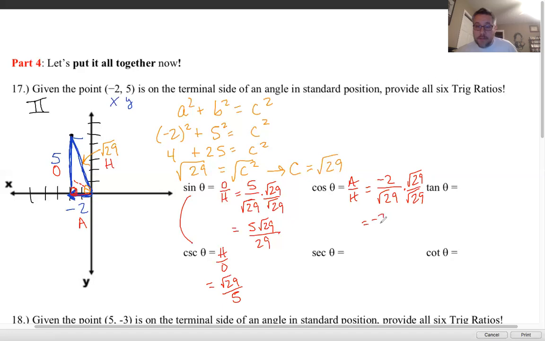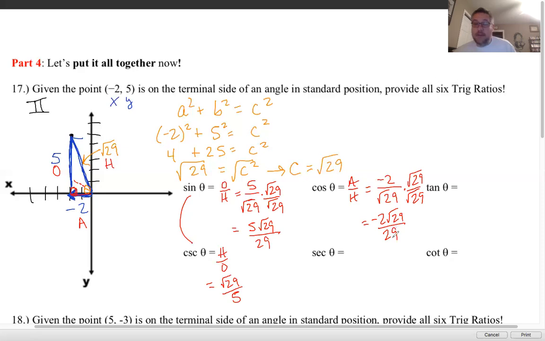So you get -2 root 29 over a whole 29, because root 29 times root 29 is the square root of 29 times 29, that's the square root of 841. Then if you take the square root of 841, you're right back to 29. Again, you're done because 2 does not divide into 29.